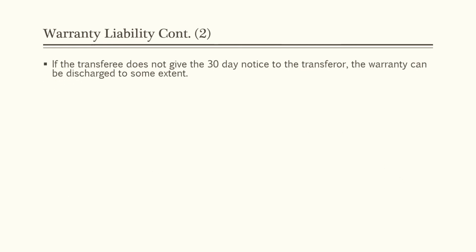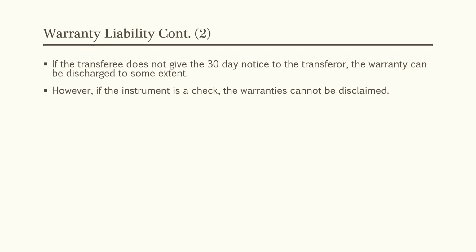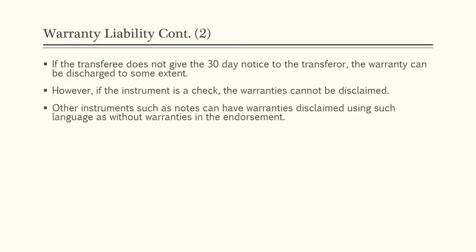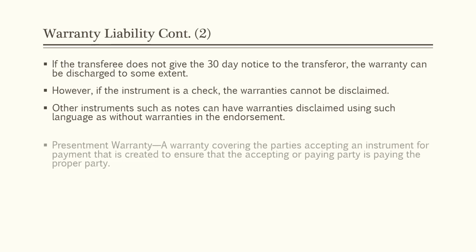If the transferee does not give the 30-day notice to the transferor, the warranty can be discharged to some extent. It depends on the circumstances. However, if the instrument is a check, the warranties cannot be disclaimed. Other instruments, such as notes, can have warranties disclaimed using such language as "without warranties" in the endorsement.